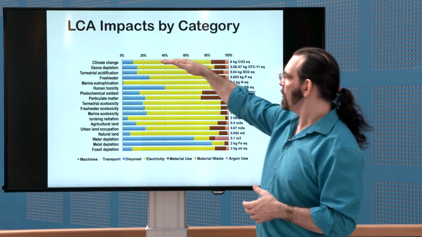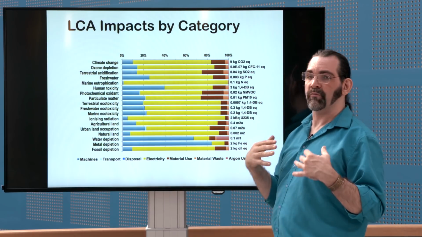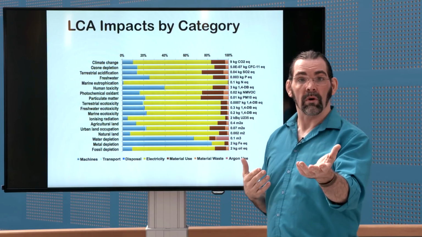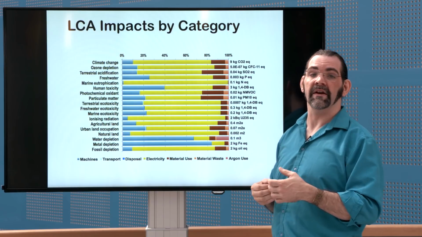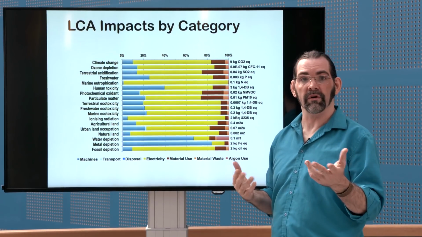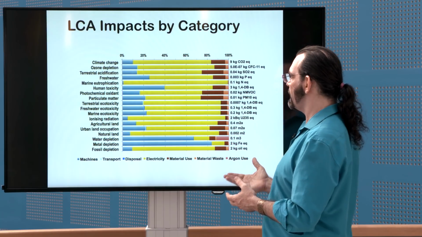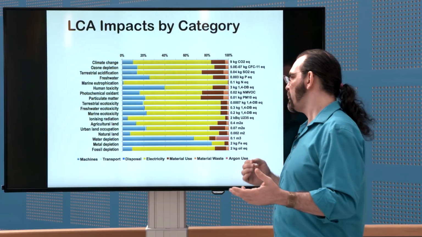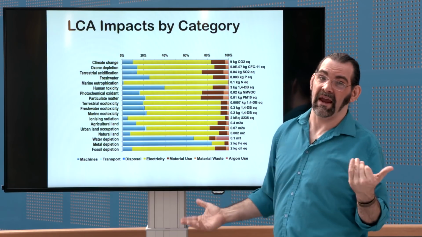And so you look at all these different categories and you say, okay, if I'm trying to, again, it depends on what your LCA is for. If you're trying to use this to make design decisions and finding the biggest impact to set priorities, you can say, oh, well, clearly electricity use is the biggest impact in most of these categories, but it's not the biggest impact in all of the categories.